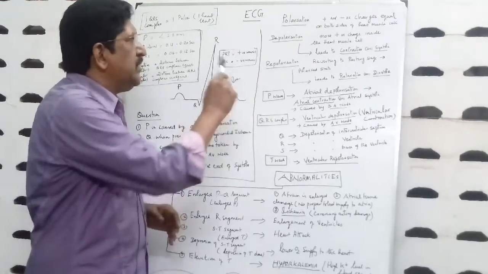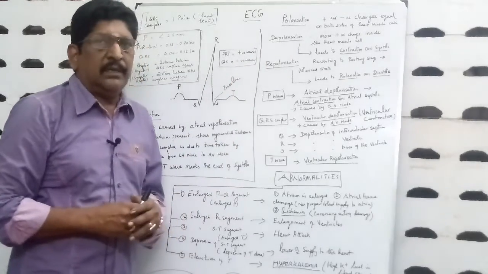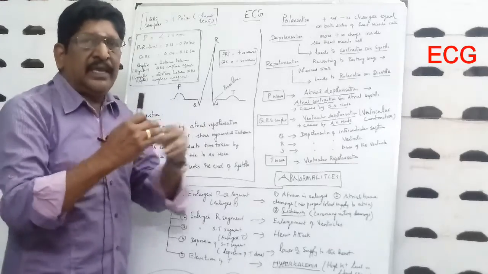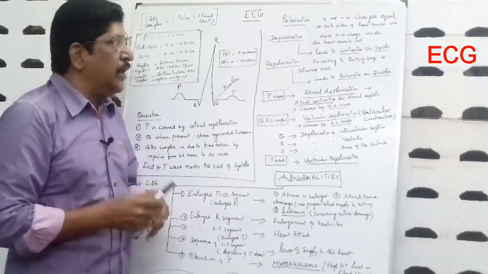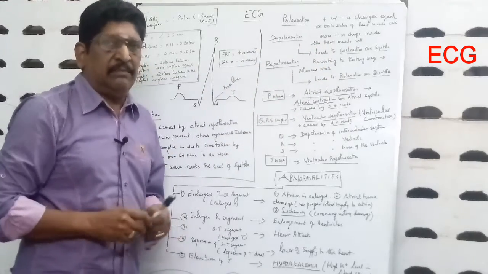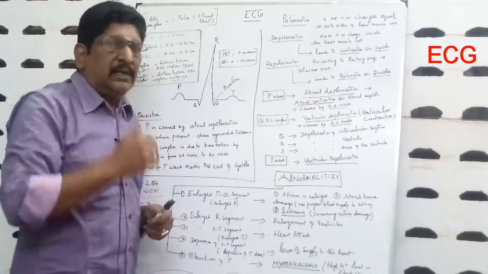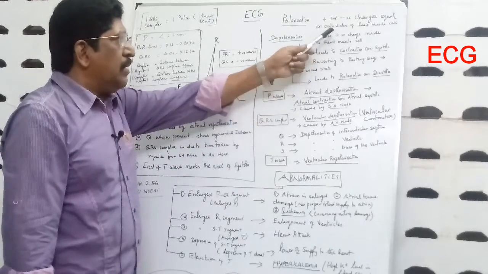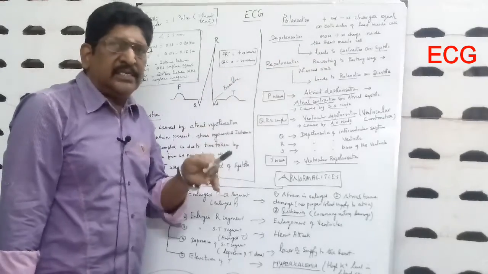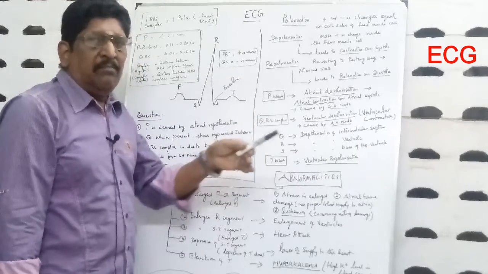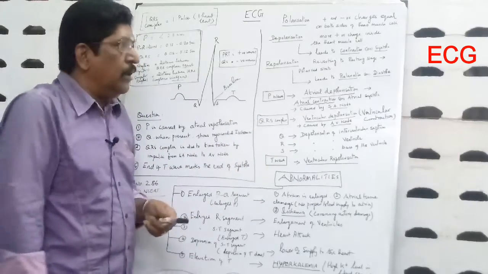Depolarization means there is a shift in the positive charges. There will be more positive charge inside the heart muscle cell and less negative charge on the outside of the heart muscle cell wall.